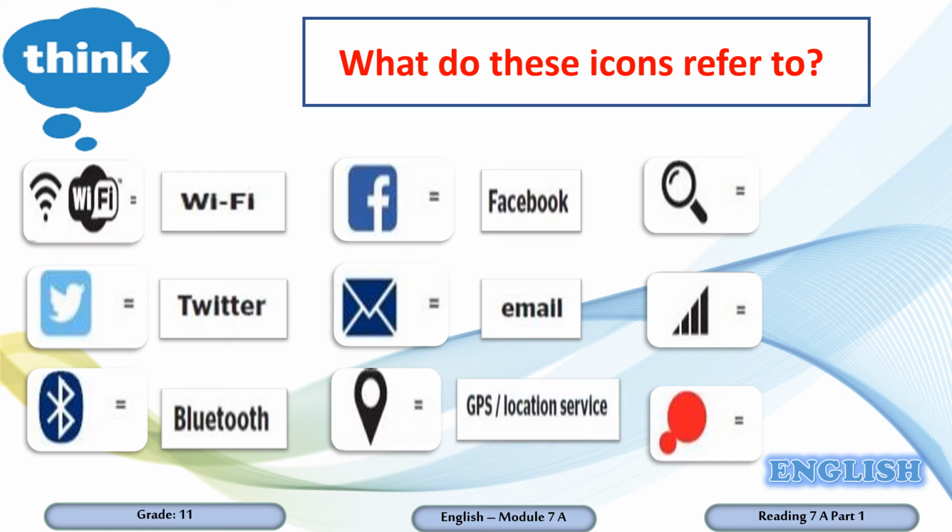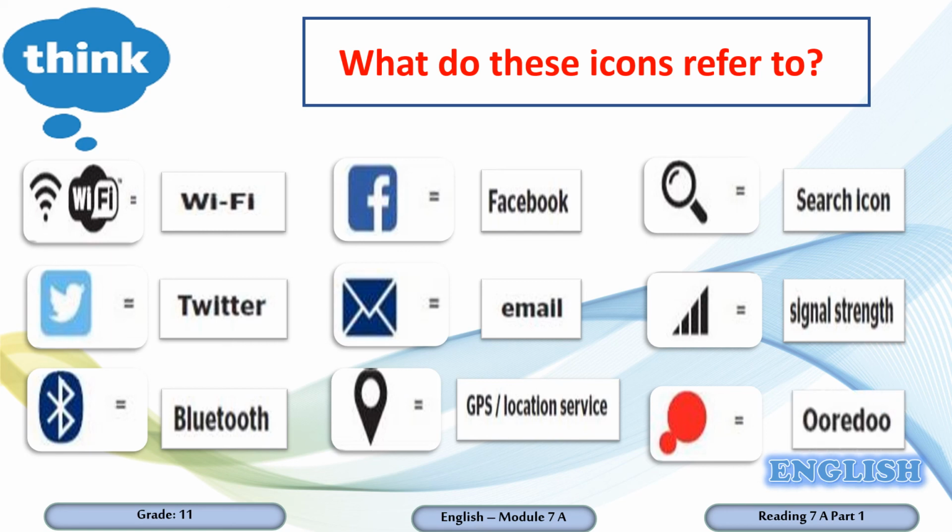And this one for GPS or location service. And this icon's for search. And this one, it's for signal strength, which we usually have a look at on our mobile phones. The last icon is for a very famous network, which is having a lot of activities here in Qatar. It's for Ooredoo. Excellent. Good job.